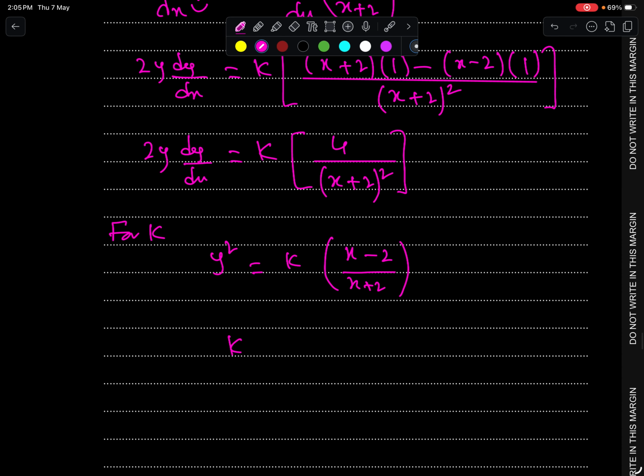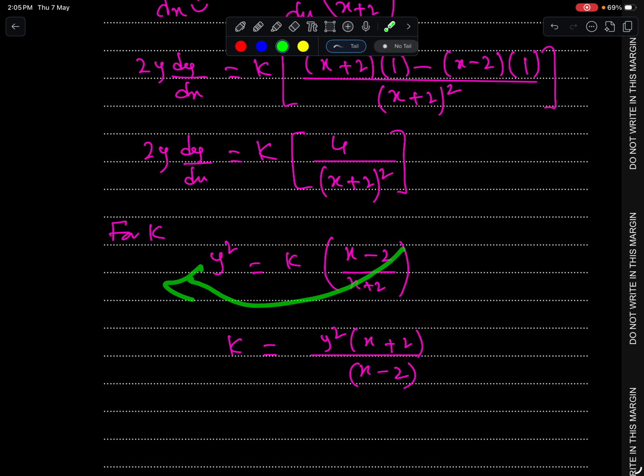Therefore k is y square x plus 2 over x minus 2, right? I shifted this here.